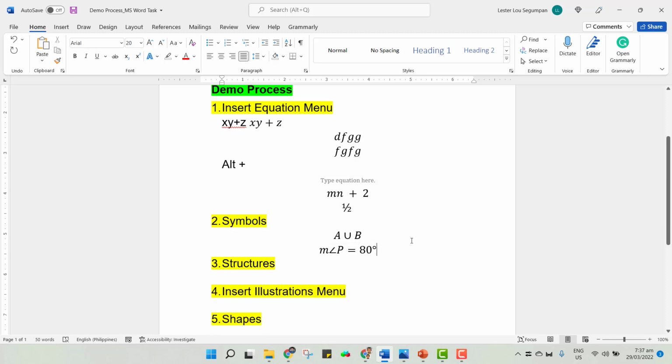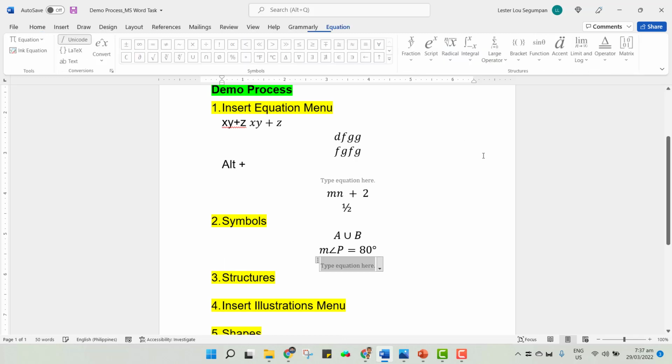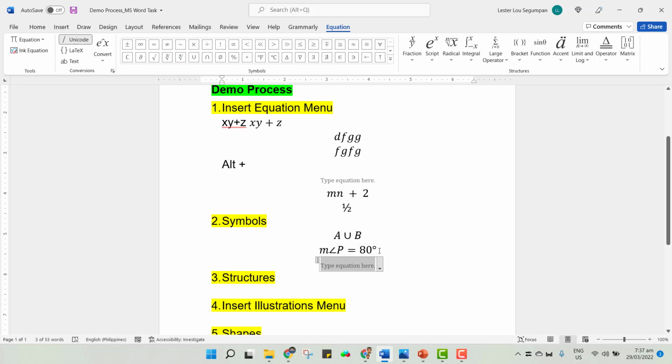And by the way, there are also some shortcuts for these symbols. Let me press Alt plus equals again. I can also type these two equations here without even clicking the symbols.